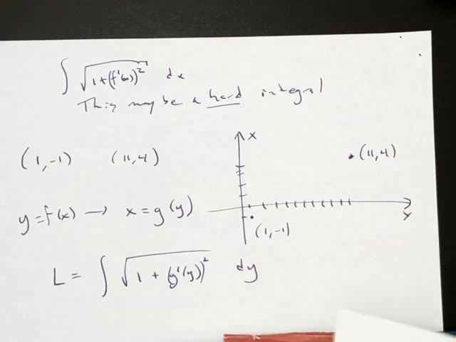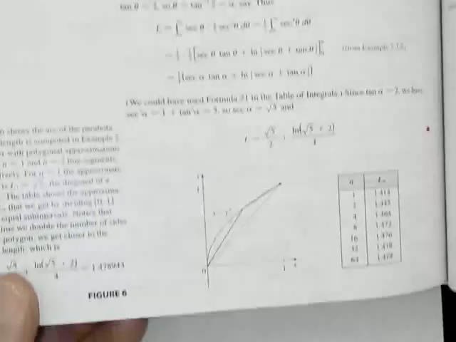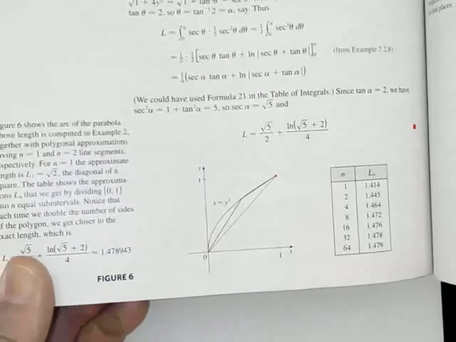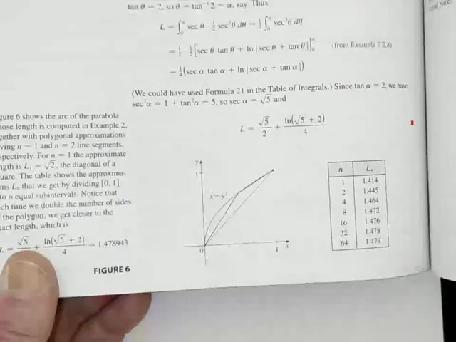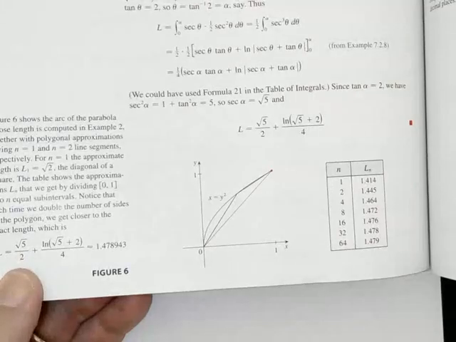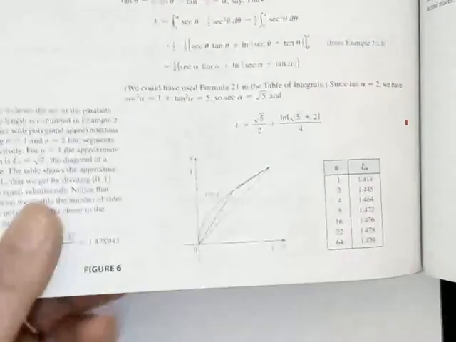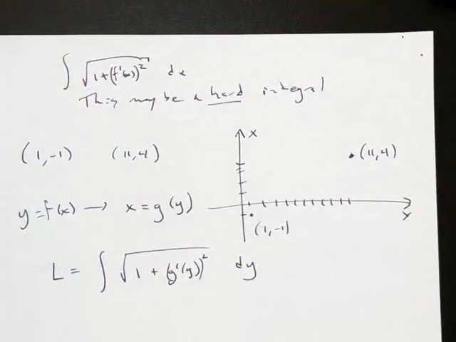And some of our graphs work better left to right, and some of our graphs work better up and down. Like this example here, it's written x equals y squared. So it's written as a function of y rather than as a function of x. That's perfectly fine. I can do the exact same sort of problem. Instead of chopping up my graph this way, I'm chopping up my graph vertically.